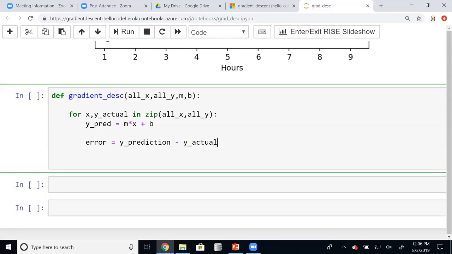And you can try interchanging them as well, and tell me if you see any effect of it being actual minus predicted or predicted minus actual. We will derive it as predicted minus actual. So whatever you derive, based on that you put the formula over here as well. Okay. So Nitesh, over here it doesn't matter, because ahead in the derivation I will show you that we'll be using the same prediction minus actual.